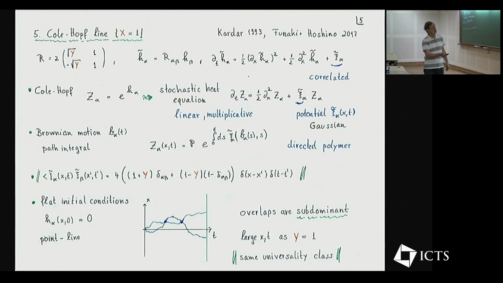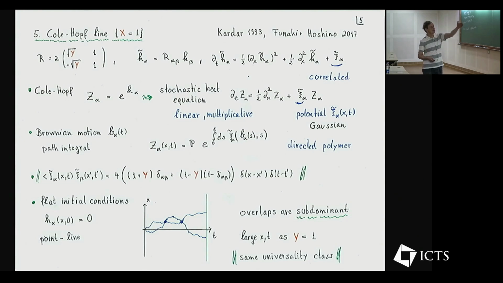It's part of this computation that you find that the noise is still delta correlated in space and time, but there's this coefficient y here now, which makes it different from the independent case. If y equals 1, this would disappear, and then you really have two independent ones.